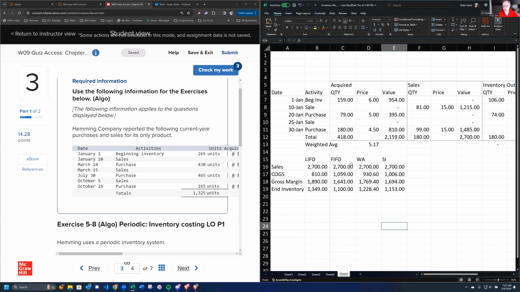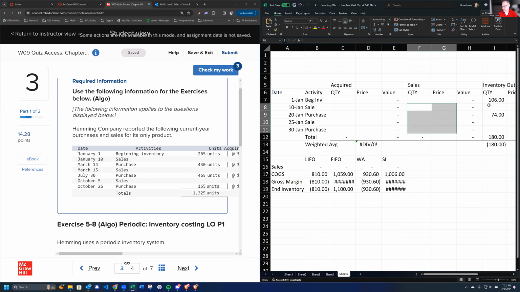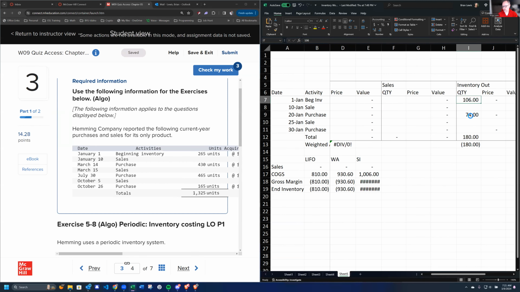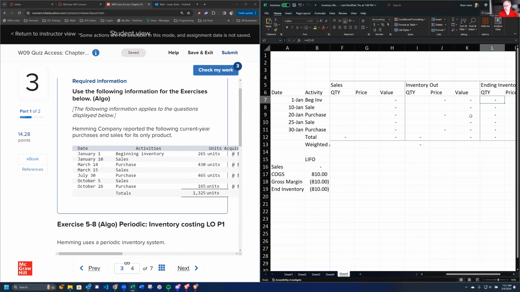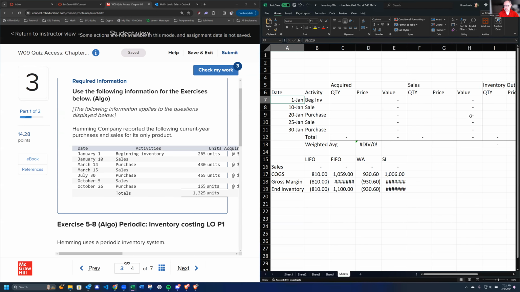So let me remove what I have here. Remember, in some of the other files I have actually shown you how to create this spreadsheet. And why don't we just modify this one so it has the same information in it.